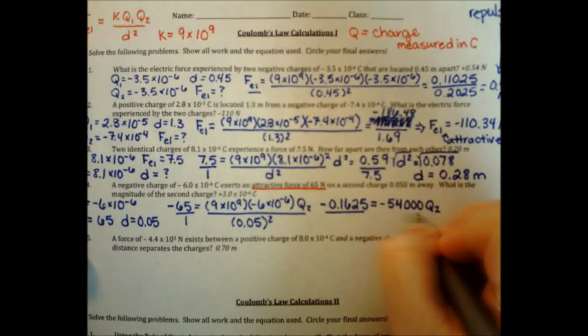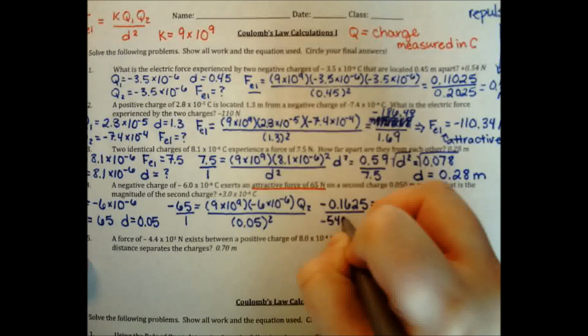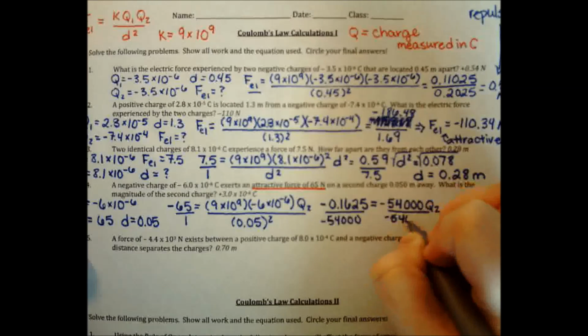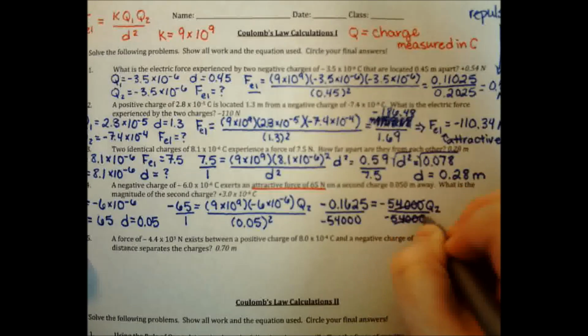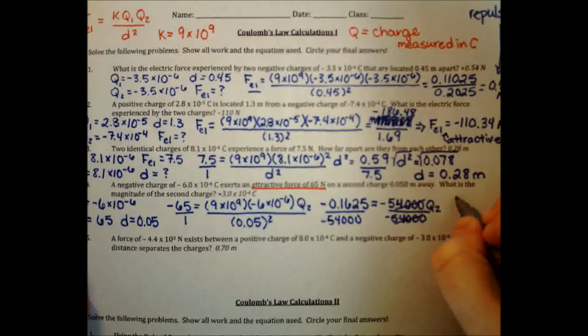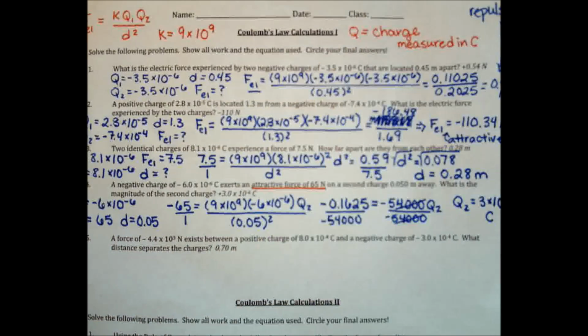So if I divide both sides by negative 54,000, the negatives will go away, which is definitely what we wanted. And we did, Q2 is positive 3 times 10 to the negative 6 coulombs. Yay!